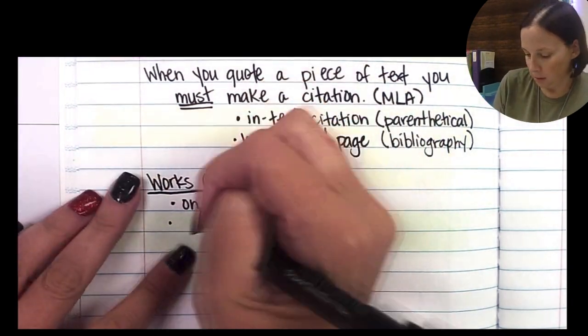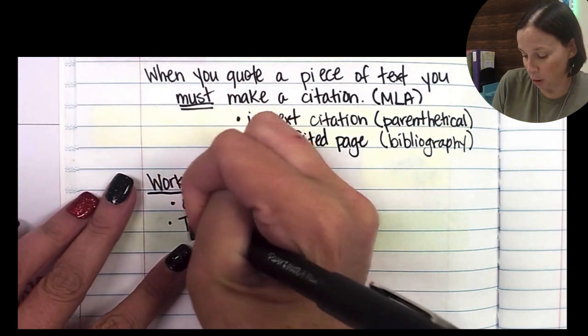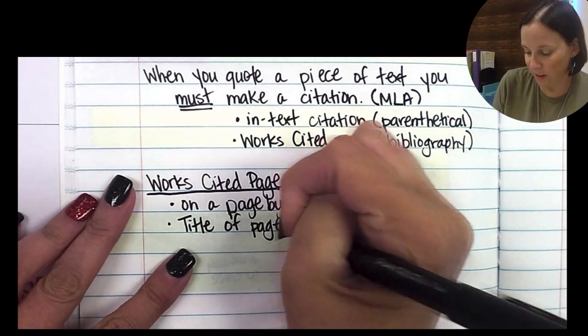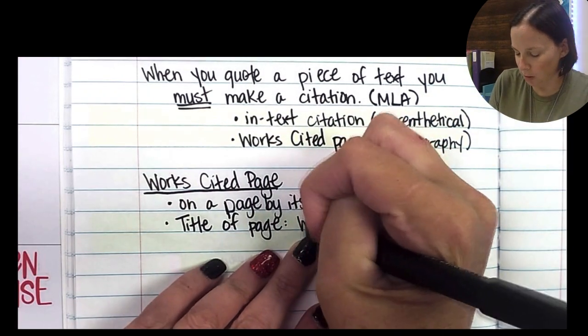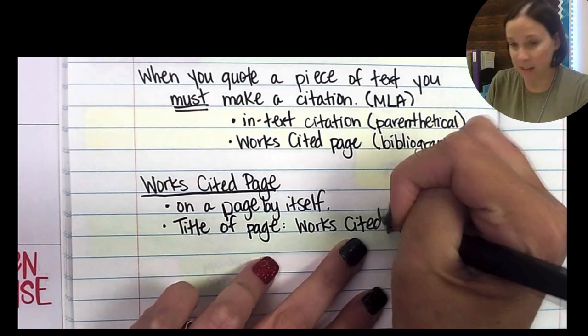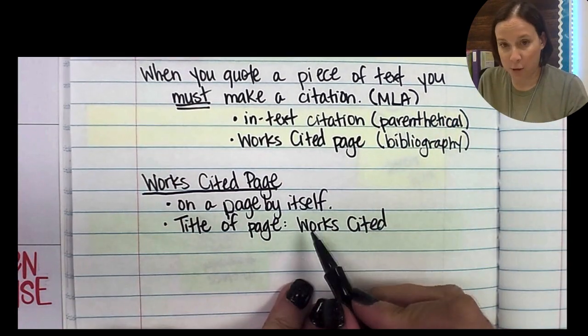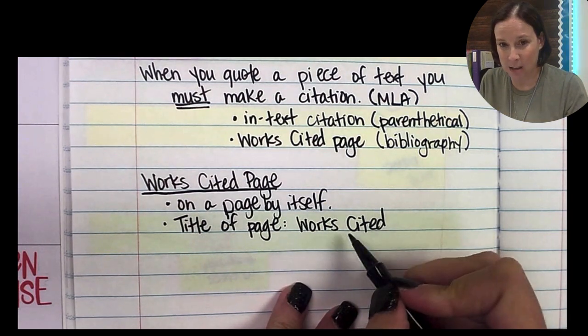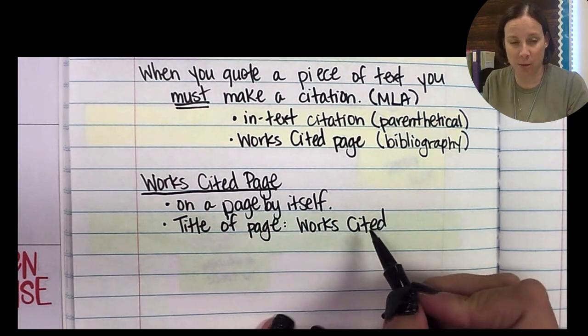Second thing, you have to title this page. So at the very top, you're going to type the words works cited. That's it, 2 words. But I want you to note the W is capital and so's the C. Okay, so those get capitalized, they also get centered.